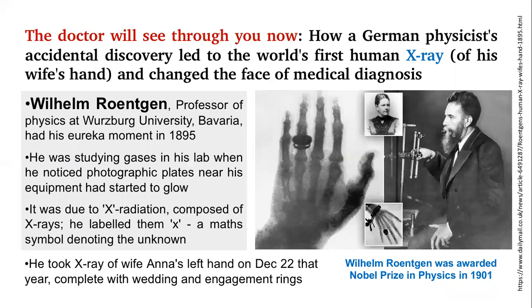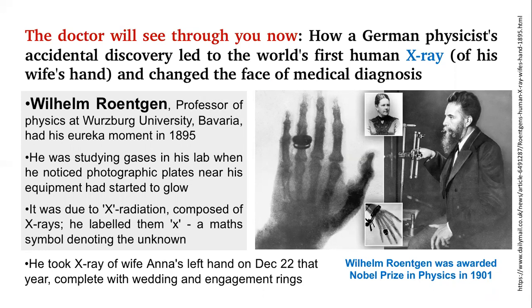So how did all of this come into action, or how was this mechanism made possible? It all started with an accidental discovery by a German physicist, William Röntgen. He was studying gases in his laboratory when he observed that some photographic plates near his equipment were glowing.